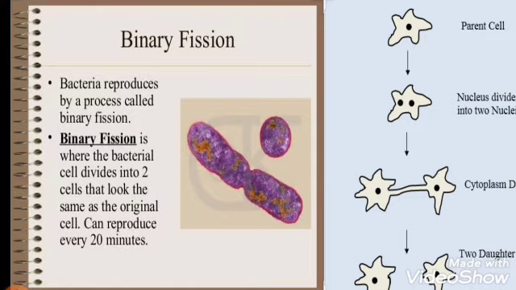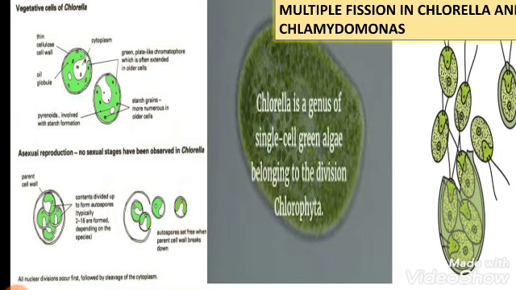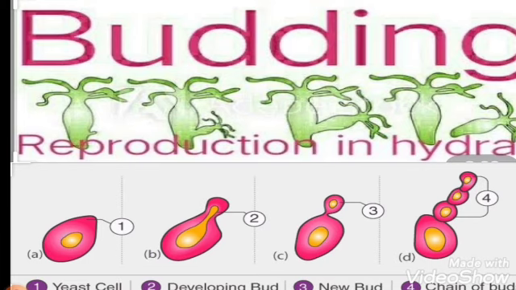Now another type of fission is multiple fission. Fission means splitting off, in which a cell divides repeatedly to produce many daughter cells, as seen in unicellular algae such as chlorella and chlamydomonas. Right?